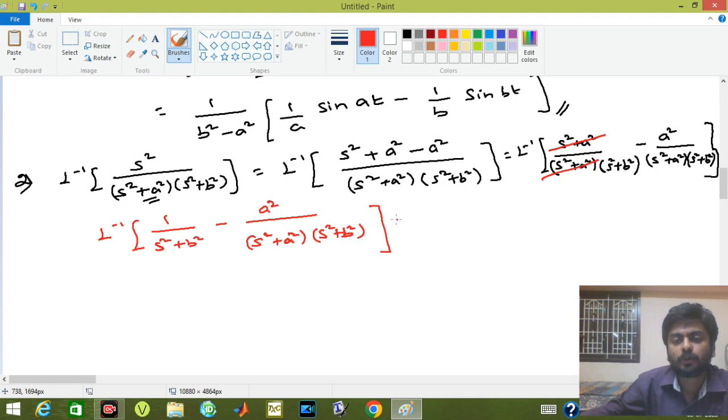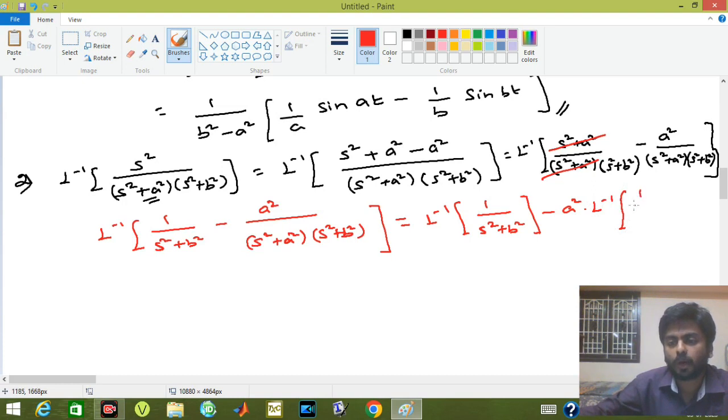Okay, so again it will become, by the property called linear property, L inverse of 1 by s square plus b square minus a square into L inverse of 1 divided by (s square plus a square) into (s square plus b square).